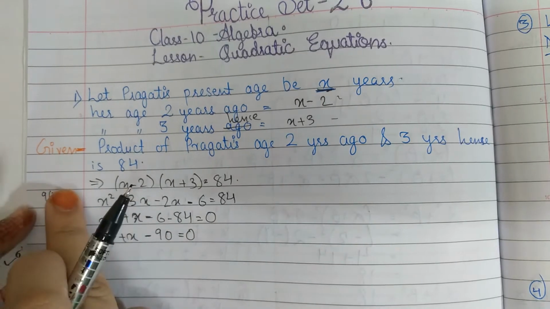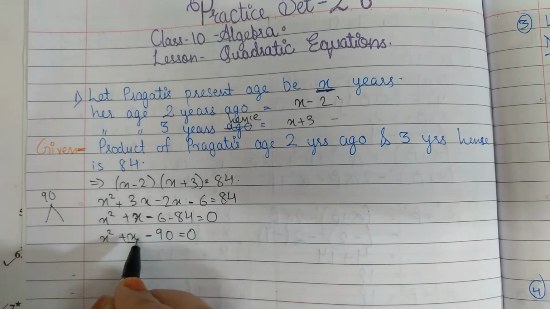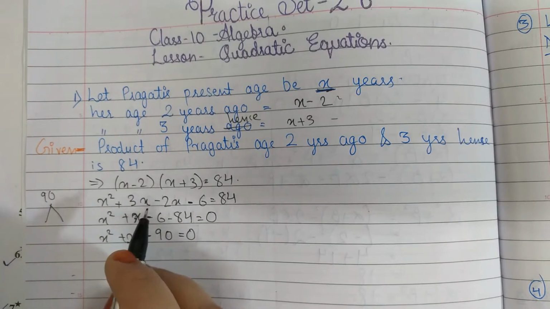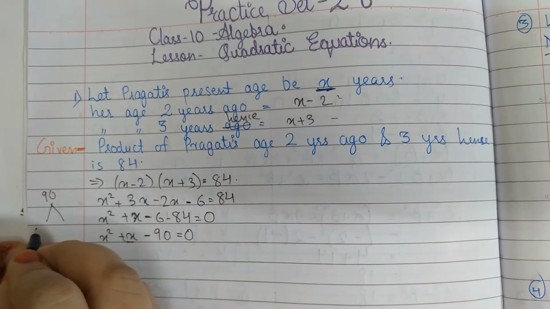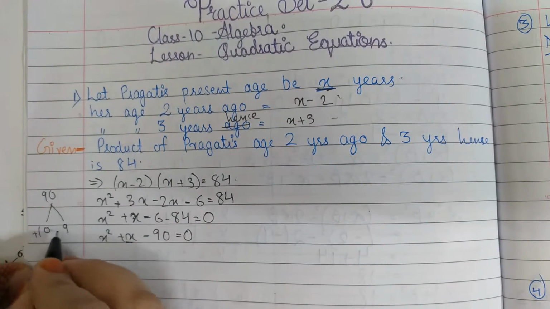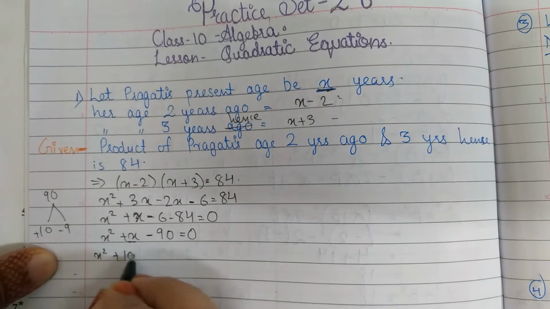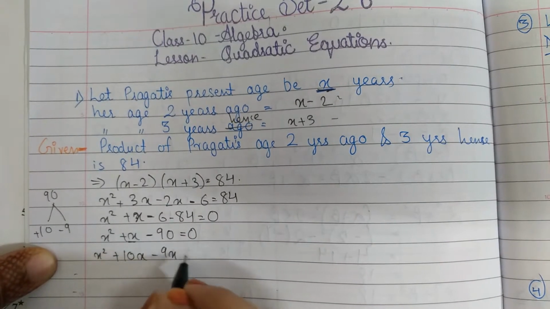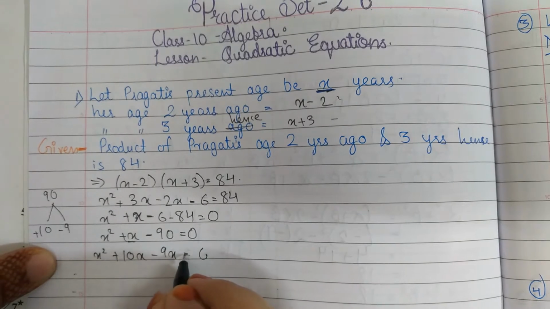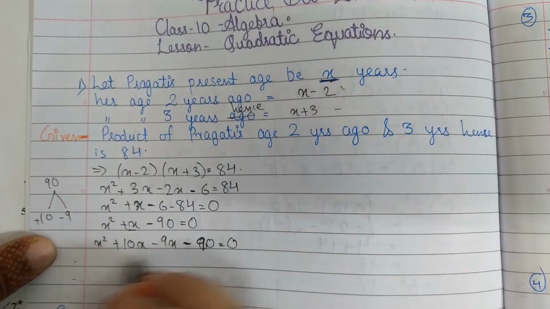Now the factors of 90: 10 nines are 90, that means plus 10 minus 9, so we will get x. So here we will write x square plus 10x minus 9x minus 90 equals 0.